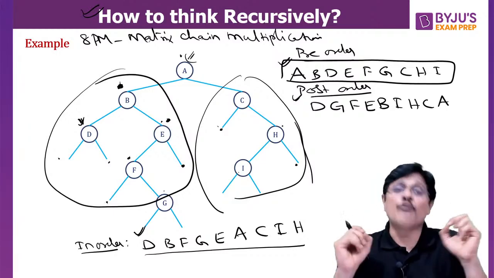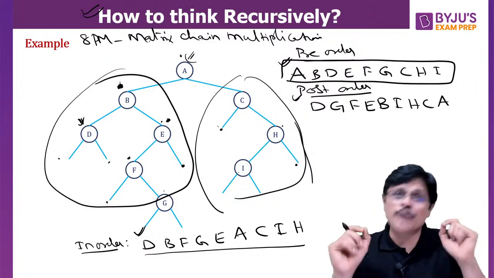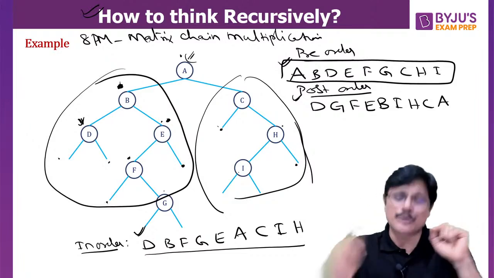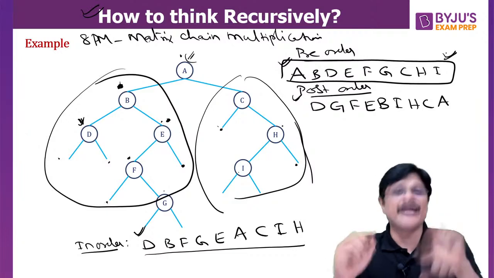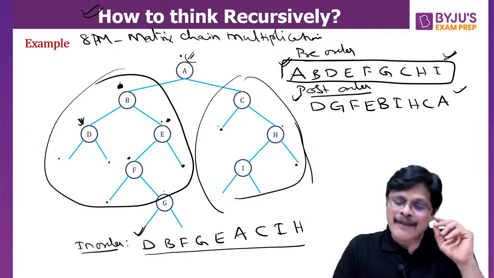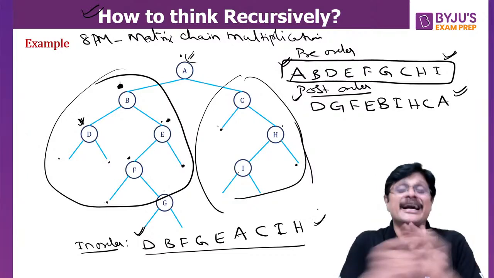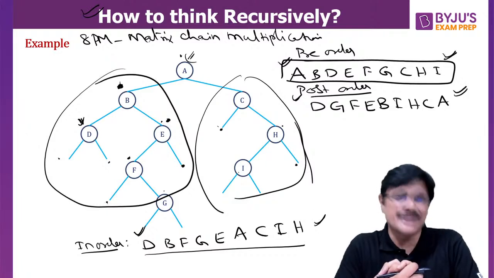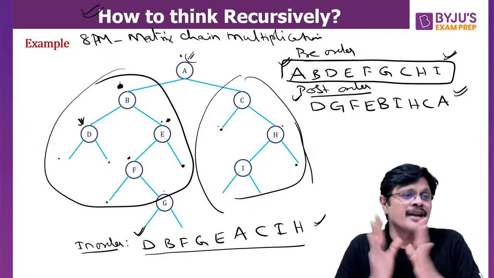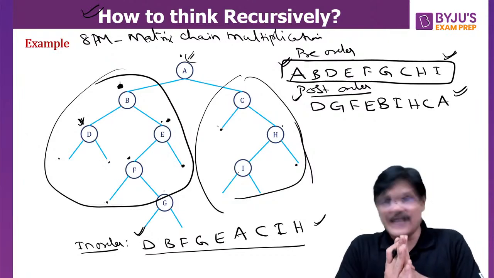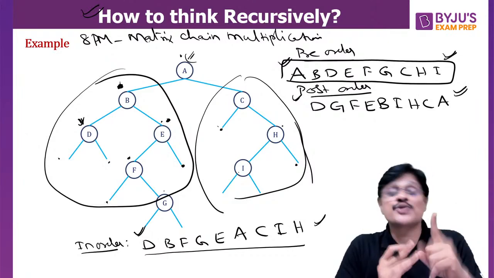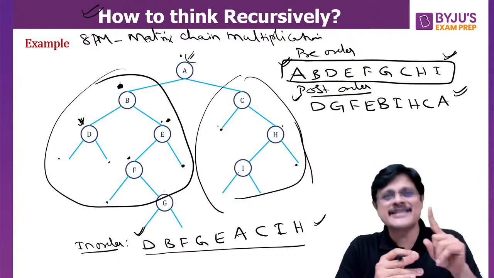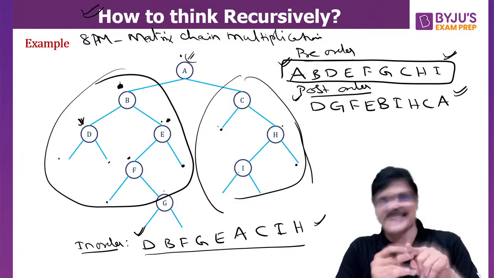But if you want to think recursively, we should write it directly without 1, 2, 3. That is the main idea. One who develops this methodology, directly writing pre-order, post-order and in-order, has understood recursion properly, because that is the meaning of thinking recursively.